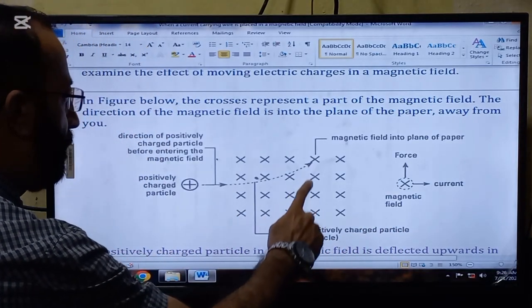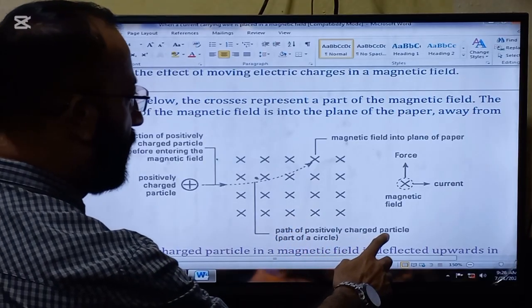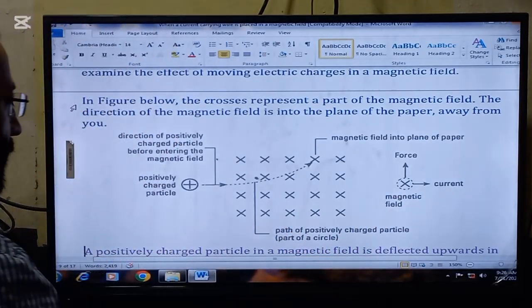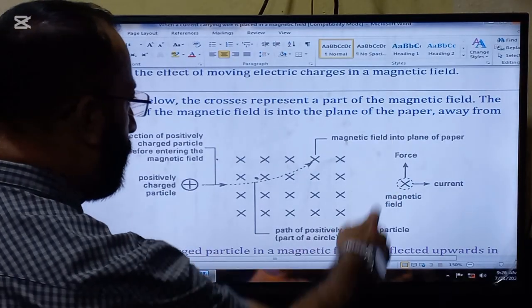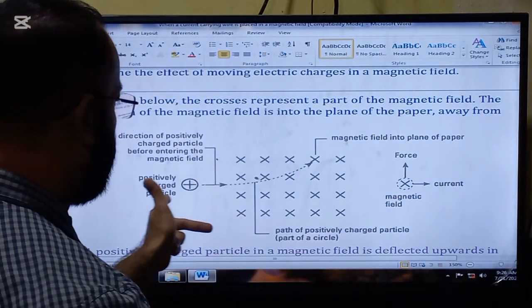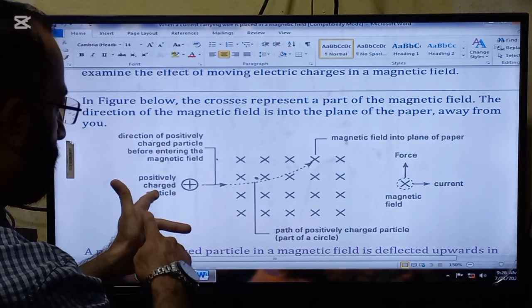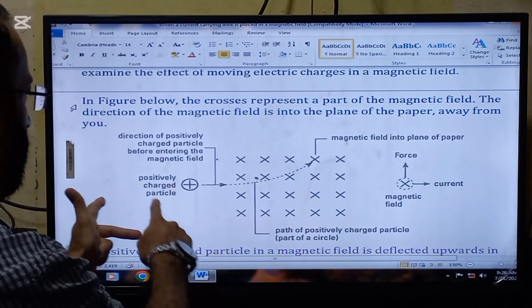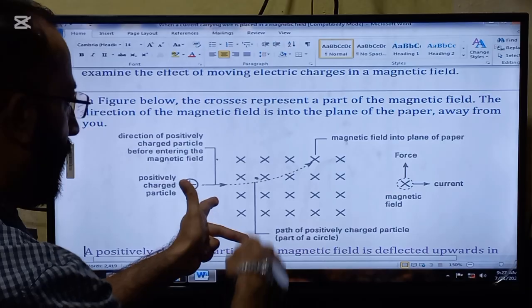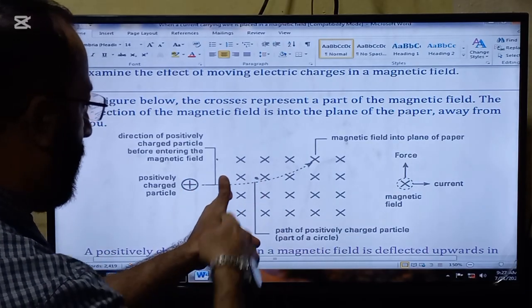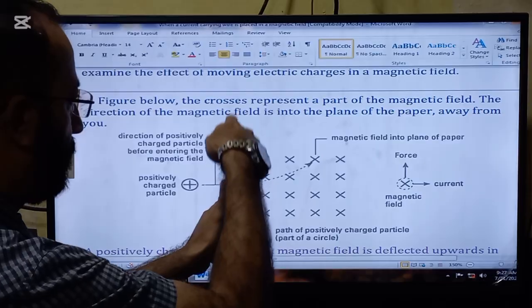This will be the path of the positively charged particle, and look now, this will be the direction of the force. Here you can see Fleming's left hand rule. This is the direction of the positively charged particles, and this is the direction of the field away from you into the paper, and this will be the direction of the force.